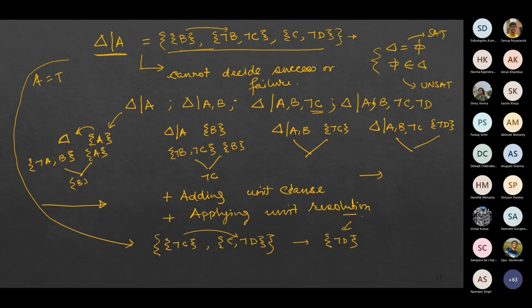My knowledge base is getting reduced to a single decision, which we can perform very easily. And this kind of propagation, or repeated application of unit resolution in a chain, is what we call unit propagation.